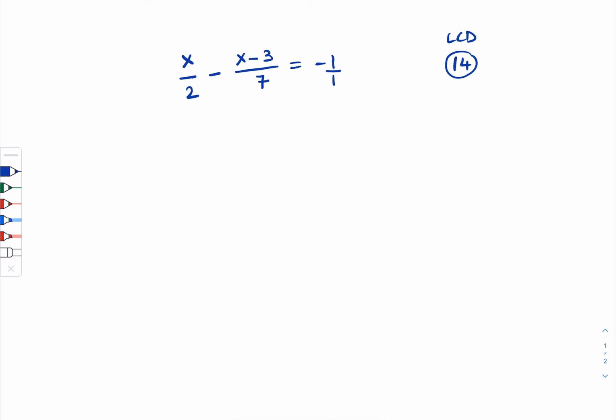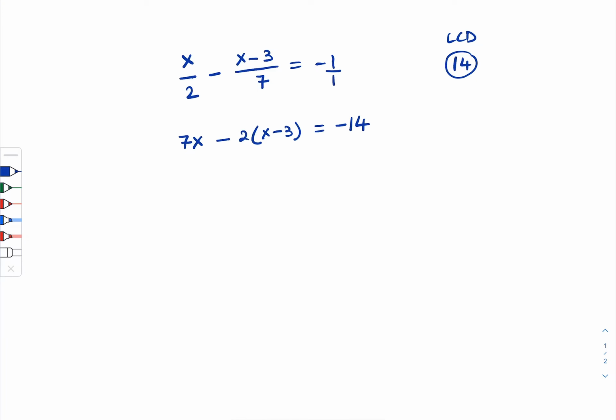That's your lowest common denominator. So, 2 goes into 14 7 times. So multiply the x with 7 and drop everything else for the first fraction. The second fraction, 7 goes into 14 2 times. So multiply the top with 2. And then the right-hand side, because 1 goes into 14 14 times, you multiply the -1 with 14. So that makes it -14.